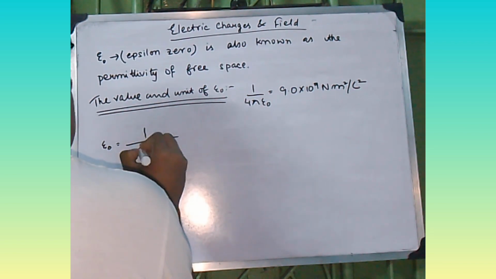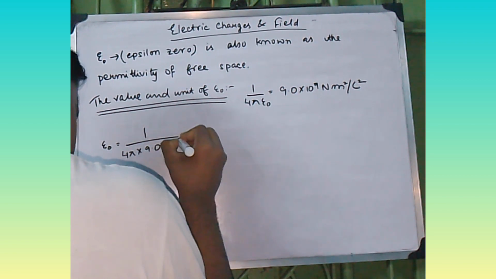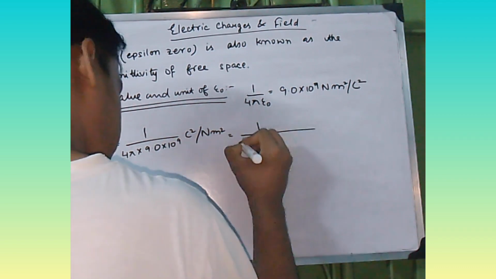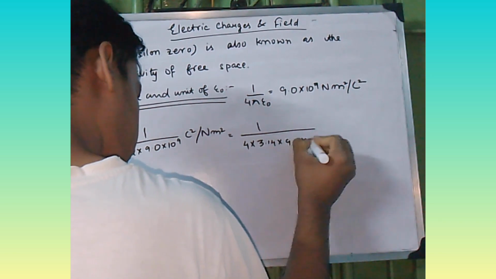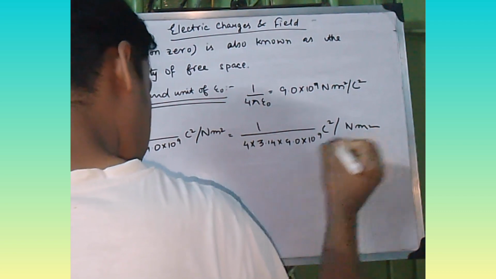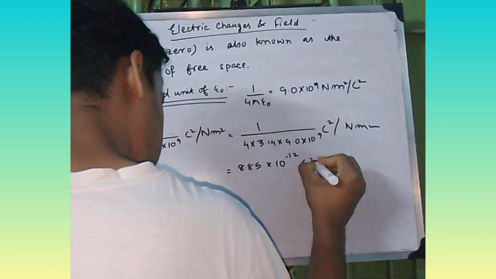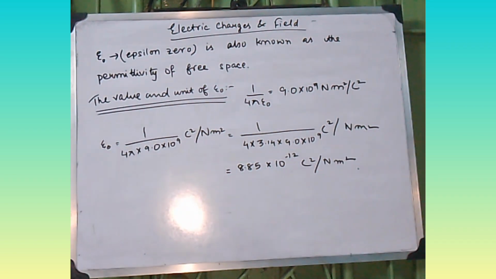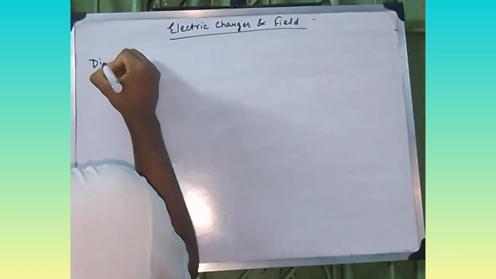Therefore, epsilon naught equals 1 by 4 pi into 9.0 into 10 to the power of 9 C square divided by Nm square, which will result to 8.85 into 10 to the power of minus 12 C square divided by Nm square.